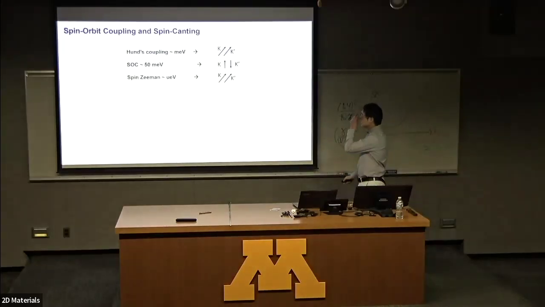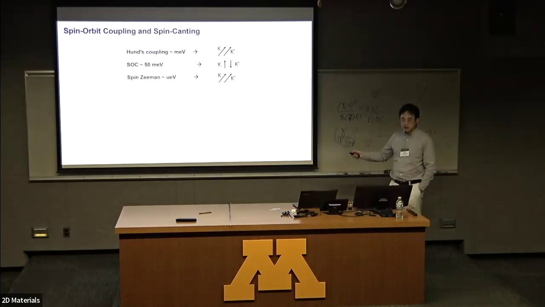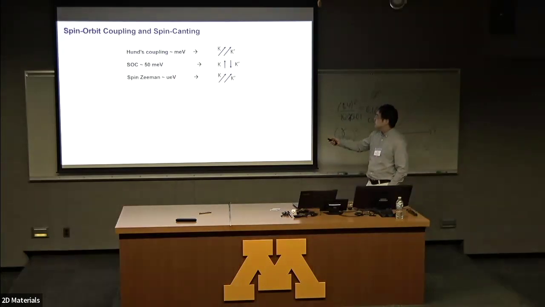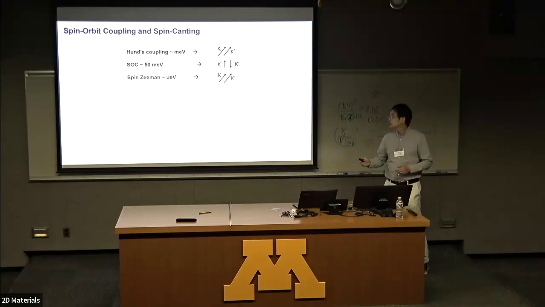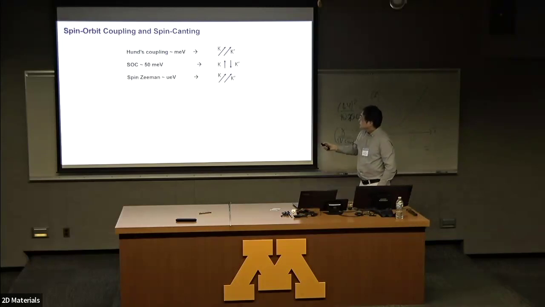So let me give you the background. In this problem, when you talk about things beyond the single-particle band structure, you have several energy scales. From large to small, you have the Hund's coupling on the order of milli-electron volt for this density range. And this term tends to align the spins from the two valleys in the same direction. Doesn't matter which direction that is, but it tends to align the spin. Then there is the spin-orbit coupling, the intrinsic spin-orbit coupling, which should be about 50 micro eV.